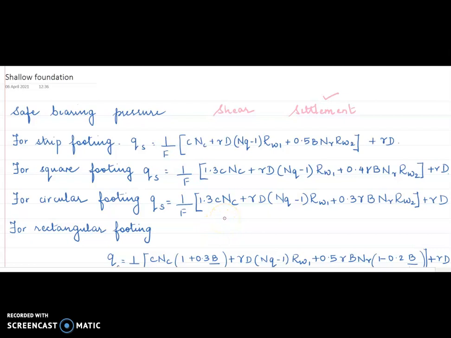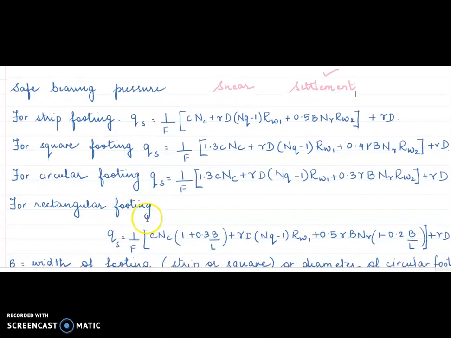So, the equation for allowable bearing for various types of foundation: strip foundation, square. So, where do you see a strip footing? I had shown you something like a wall foundation, or a square footing, or a circular footing, and a rectangular footing. They have different equations.